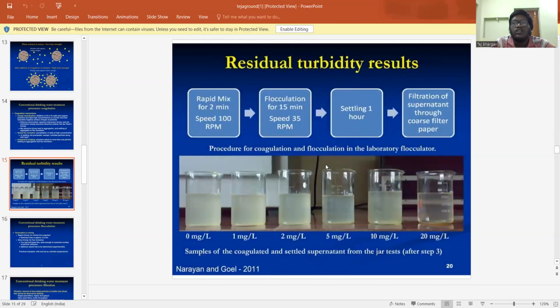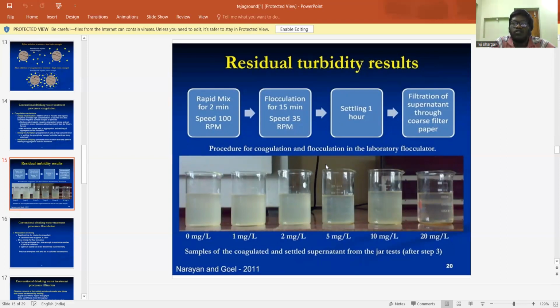Next, residual turbidity results. Rapid mix for 2 minutes at a speed of 100 RPM, revolutions per minute. Next, flocculation for 15 minutes at a speed of 35 RPM, settling for 1 hour, then filtration of the supernatant through coarse filter paper.